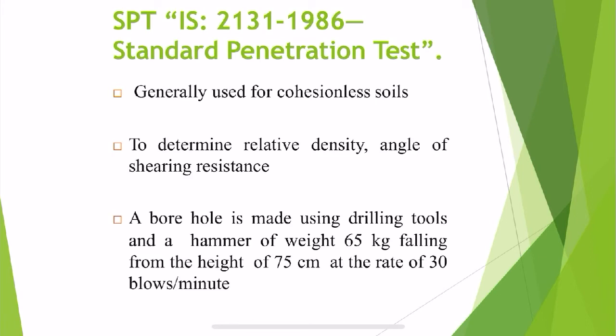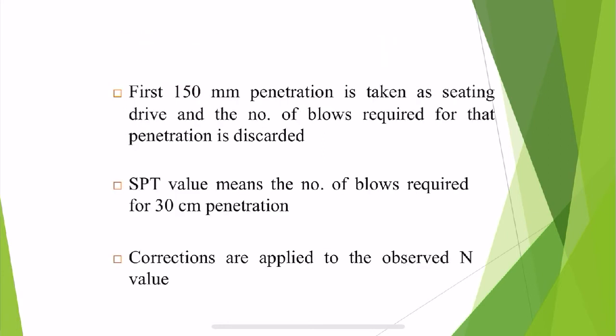In this, the borehole is made using drilling tools and a hammer weighing 65 kg falls from a height of 75 cm at a rate of 30 blows per minute. After reaching the specified depth, the drilling tool is replaced by a split spoon sampler to collect the soil sample.